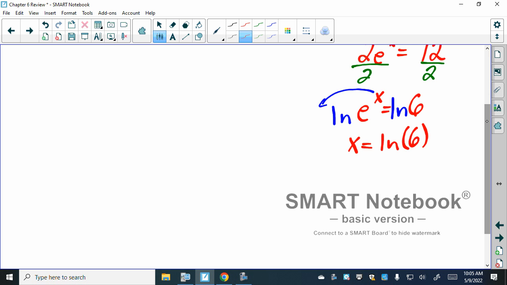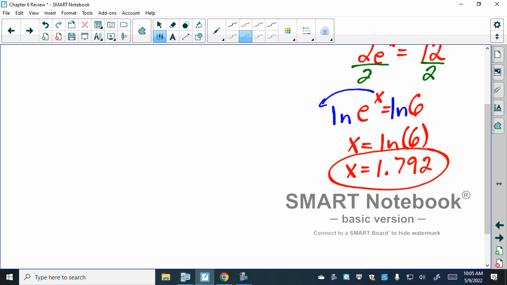On the other side, we have ln of 6, and ln of 6 we can calculate in the calculator. And we get 1.792. Go to 3 decimal places, or if you don't feel comfortable with 3 places, go 4 or 5. That's fine. Either way works just fine.